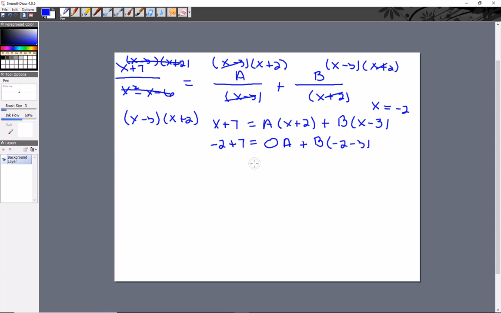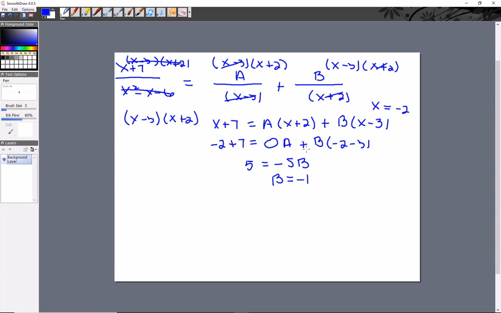Putting it all together, we'll get 5 equals negative 5B, or divide, and then you get B equals negative 1. So that's kind of halfway.